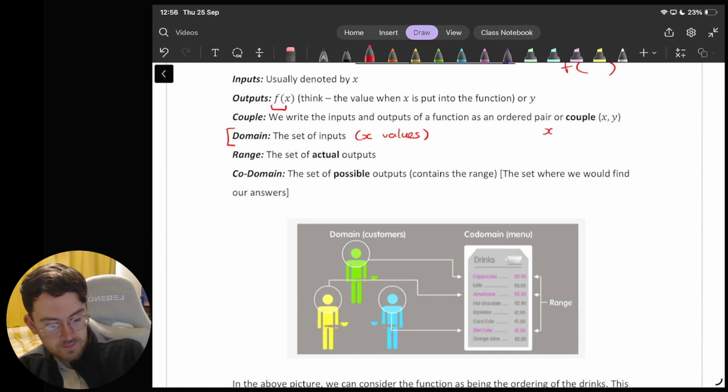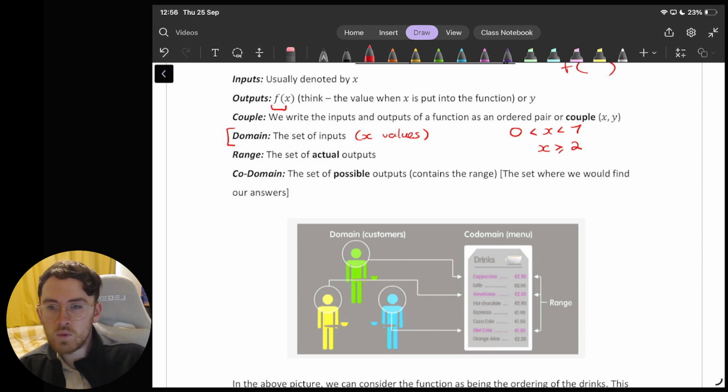A lot of the time, this might be identified using an inequality. So we might see something like this, which means x is between 0 and 7. Or we might see something that is just x is greater than or equal to 2. We could see anything like this. And this just tells us the values we're going to input, it gives us some sense of the inputs we're going to be using.